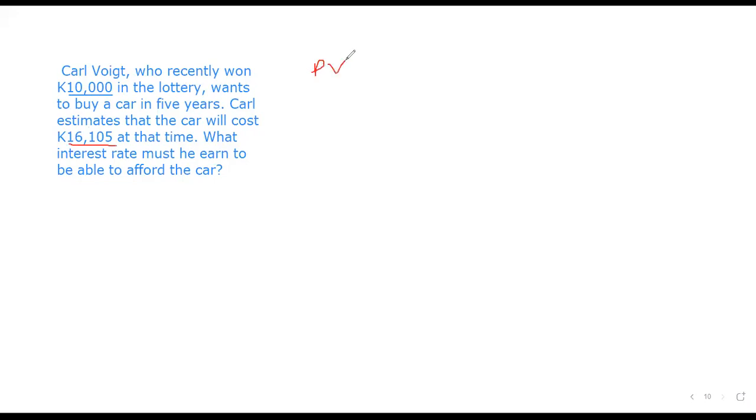Our present value is 10,000, right? The time is 5 years. And this 16,000 is the future value. So what interest rate must he earn to afford this? We're looking for R.